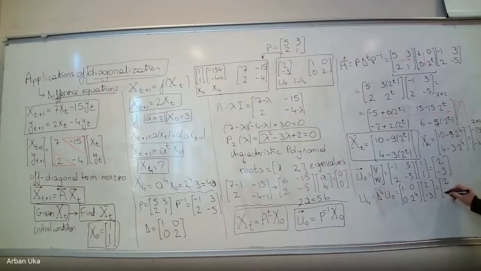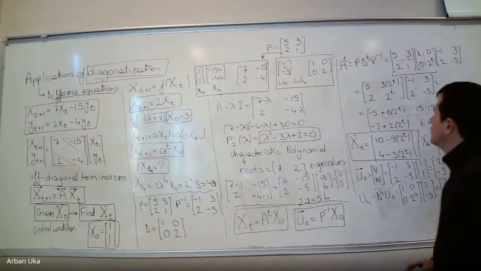And here we get minus 3 times 2 to the power 4. So 2 to the power 4 is 16, and 3 times 16 is minus 48. So this is 2 minus 48.